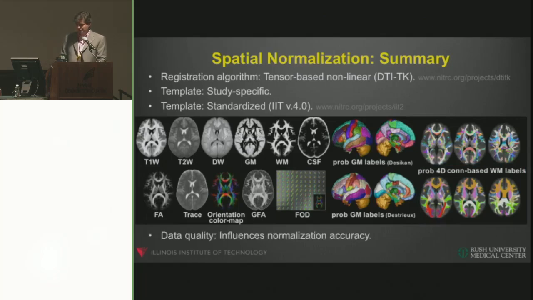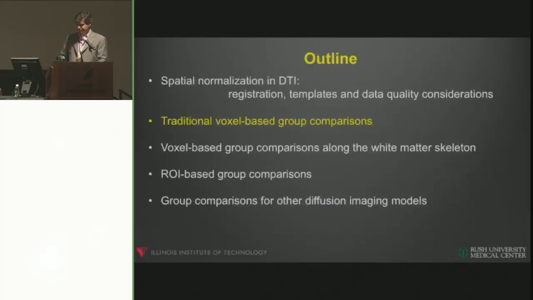Finally, going back to spatial normalization accuracy, you need to keep in mind that data quality is very important. You cannot expect low-quality data to normalize very well, even if you use DTI-TK, tensor-based nonlinear registration, good templates, and so on. So data quality is of very high importance for spatial normalization accuracy.